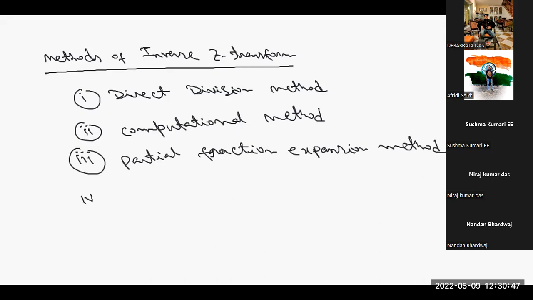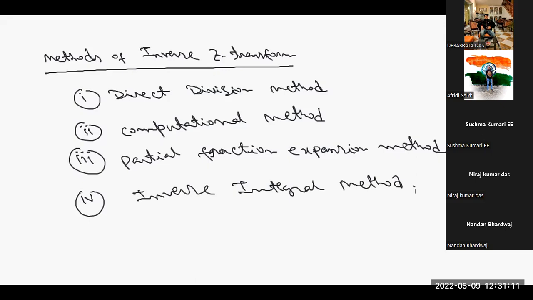And number 4, inverse integral method. So these 4 types of methods we have to use for calculation of the inverse Z transform.